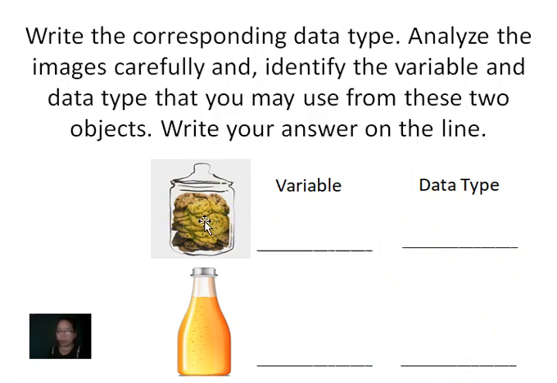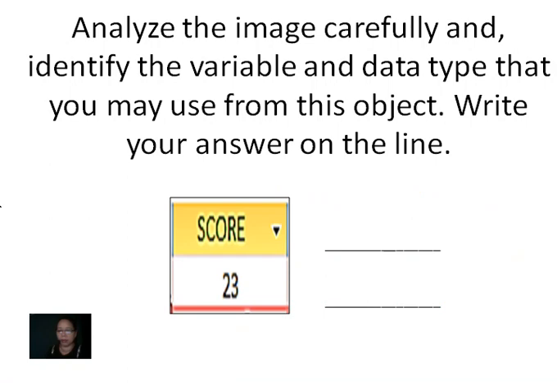From this object, which is the variable and which is the data type? And for number 2, you have to identify which is the variable and the data type. And for this activity, you have to analyze the image carefully and identify the variable and data type that you may use from this object. Write your answer on this line.